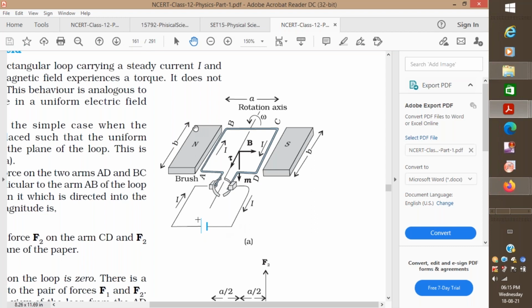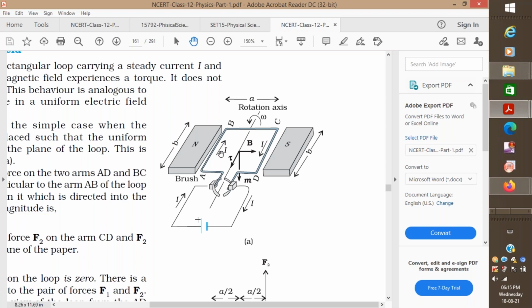Suppose in this situation current is flowing from A to B, B to C, C to D, and D to A. You see here, there is a uniform magnetic field created by an electromagnet, which has the north pole here and the south pole over here. And this rectangle has its length as B and breadth as A.